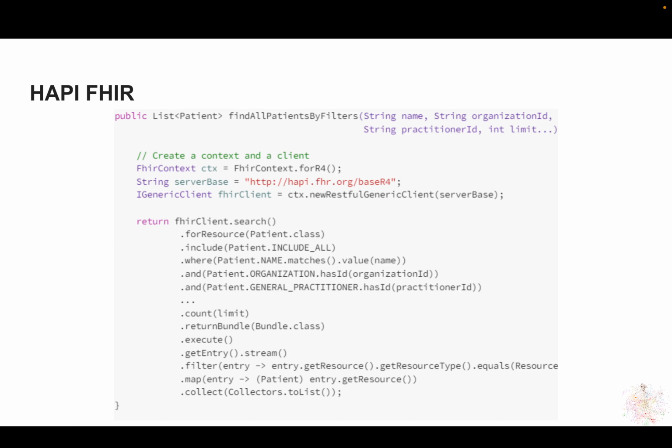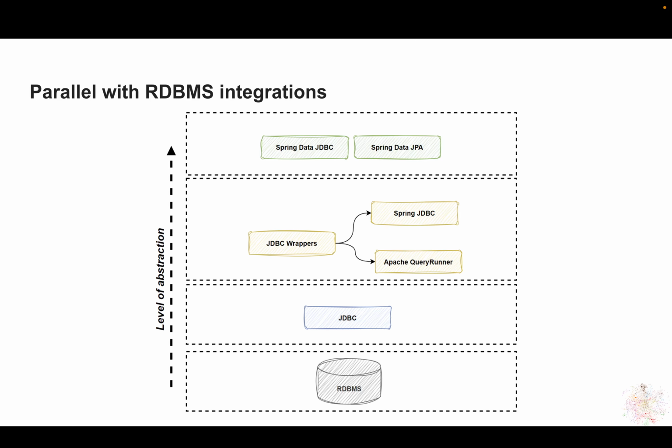And let's draw some parallels with relational database integrations. On this slide, we have a diagram where, from bottom to top, we have an increasing level of abstraction of different implementations. At the very bottom, we have our relational database.